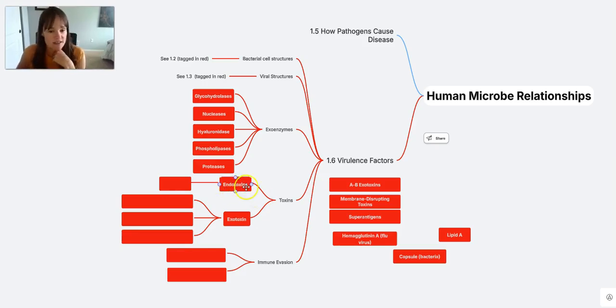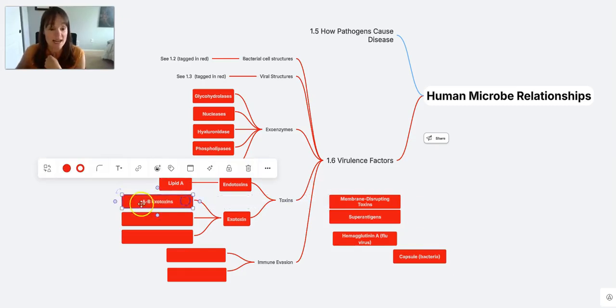Let's look at endotoxins. There's one and one only, and it is, pause if you don't know, lipid A. So lipid A is the only endotoxin. All right, there are 3 exotoxins. Pause and write those out and then check your understanding. Okay, so some of them are in the name.